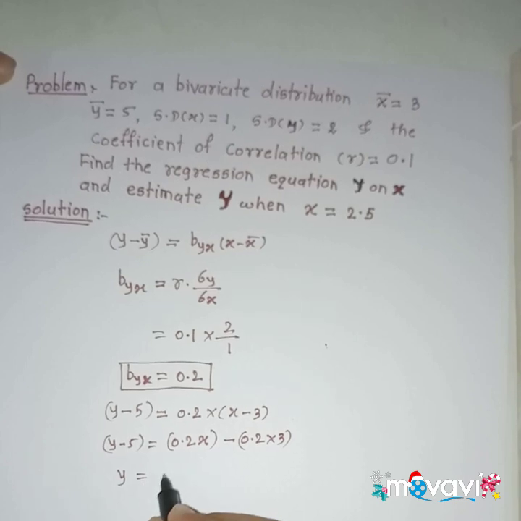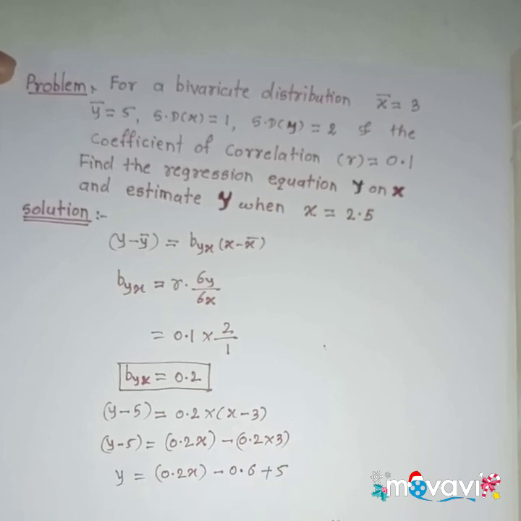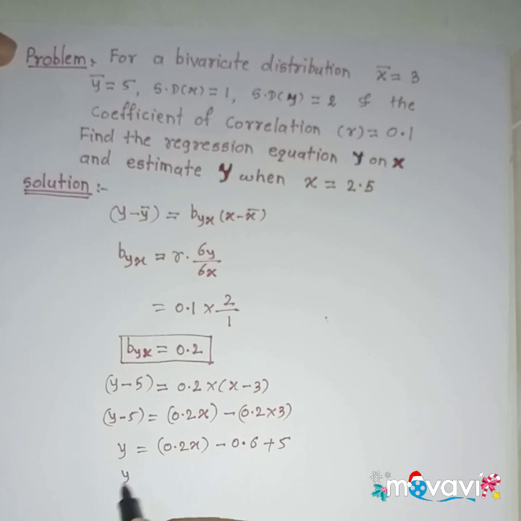So y is equal to 0.2x minus 0.6 plus 5, which is 4.4.